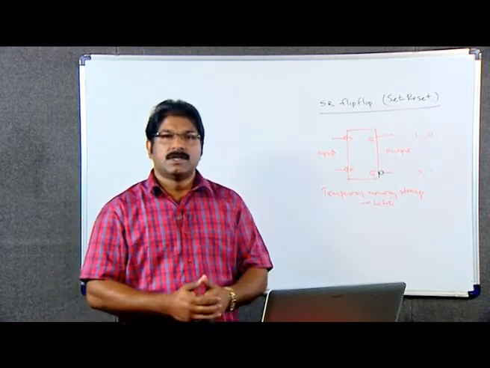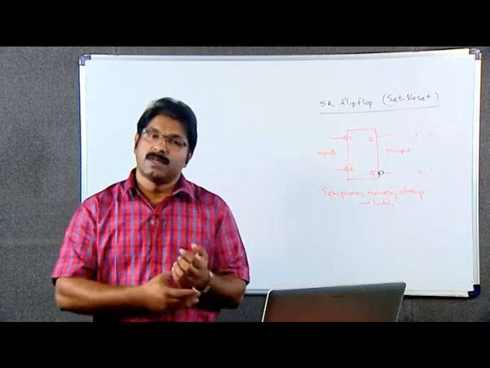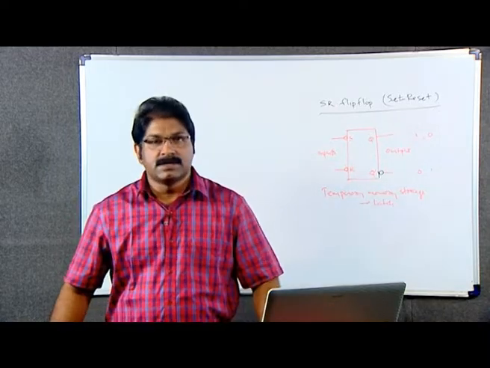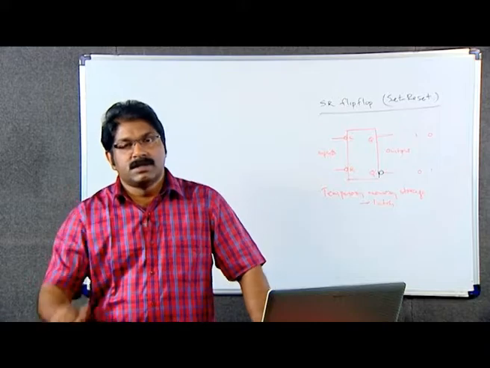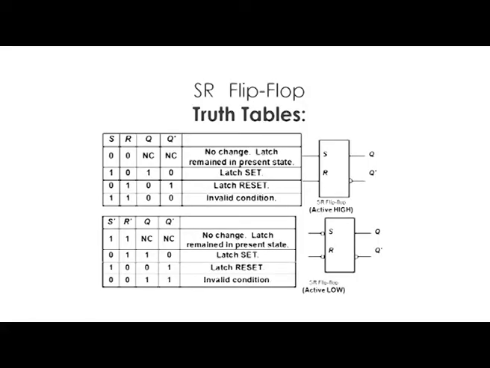Now, coming back to the second type of SR flip flop, which is made from NAND gates, you can watch the truth table. At first, we are giving both inputs the high value, 1 and 1. When you give 1 and 1 to the input, a no change condition happens.